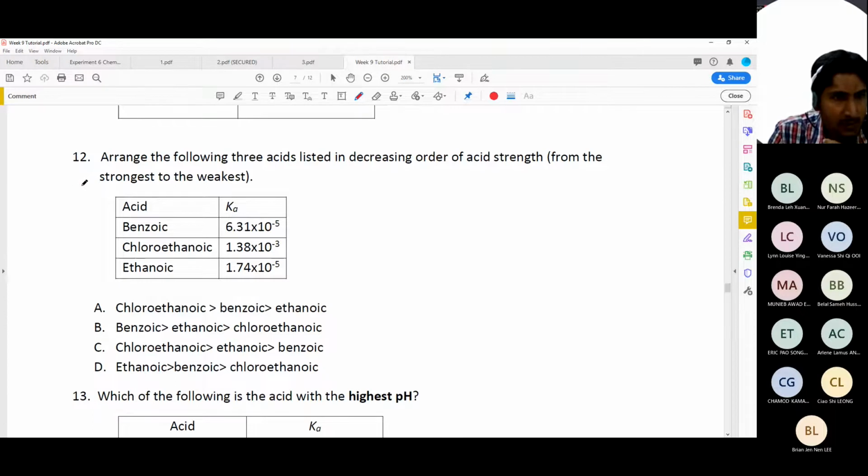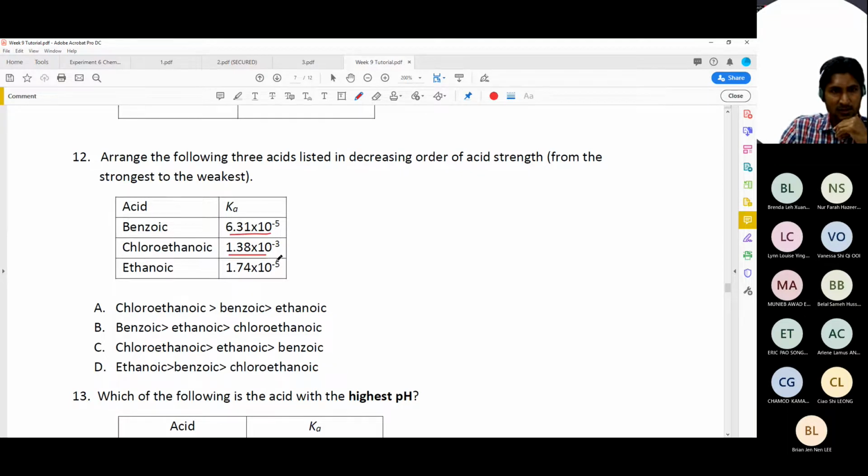Question number 12. It says to arrange the following three acids in decreasing order of acid strength, from the strongest to the weakest. The K value for benzoic acid is 6.31 times 10 power negative fifth.